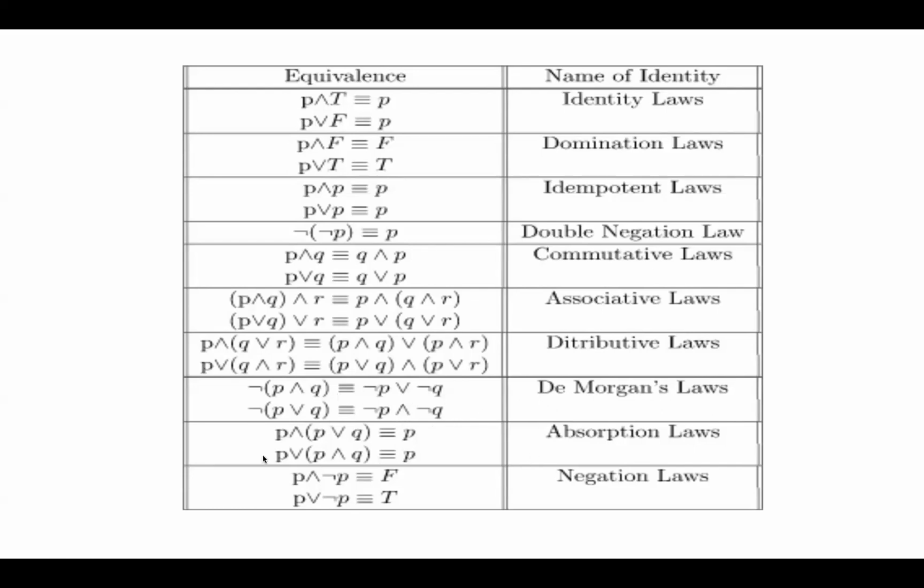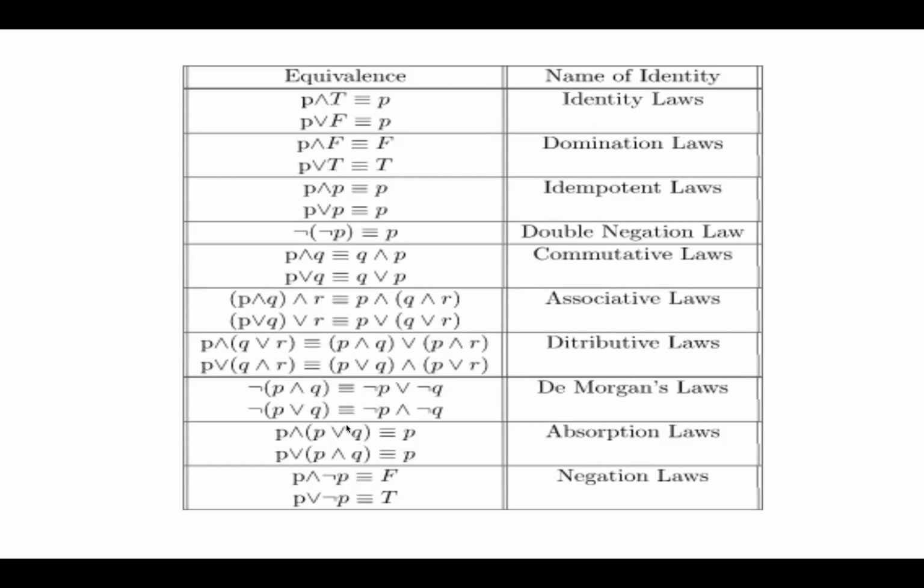Then next is P AND (P OR Q), which is equivalent to P again. It is known as absorption law. The second one is P OR (P AND Q), which is also equivalent to P. It is also known as absorption law.